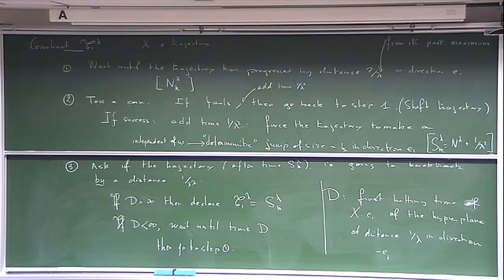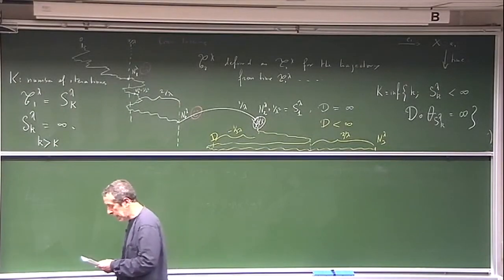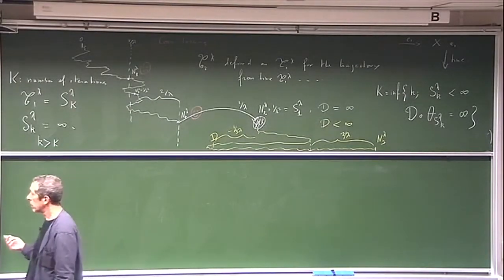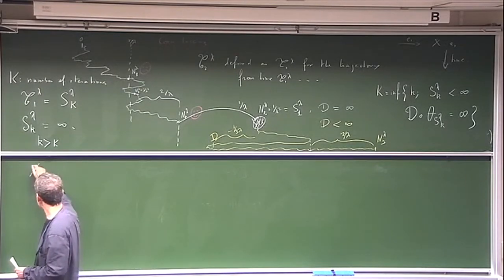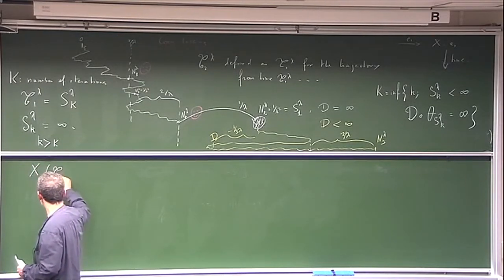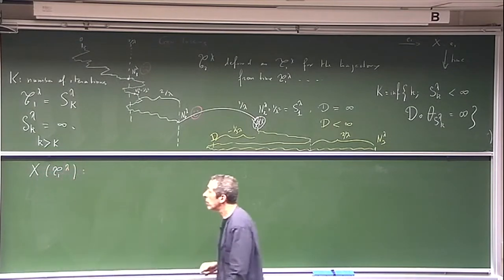Anyway, assuming that the algorithm stops at a certain time, so we have defined the first and the other regeneration times, then we can make some remarks. If you look at the position at the regeneration time, it depends on a number of things.